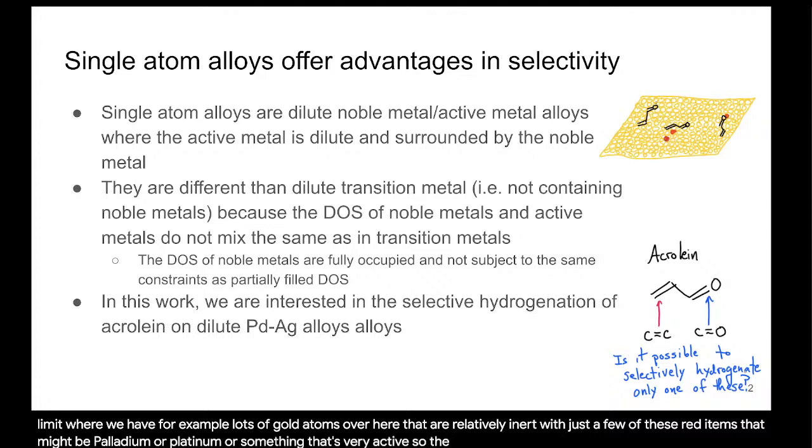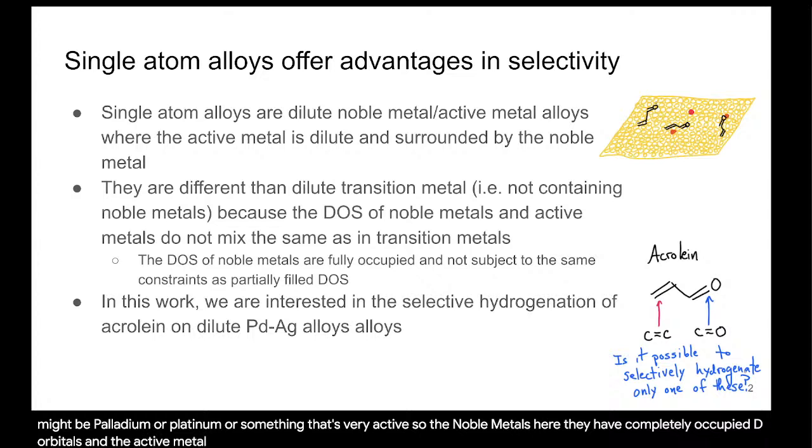The noble metals here have completely occupied d orbitals, and the active metals don't. That makes them very different from something like nickel platinum, where both metals have unoccupied d orbitals.